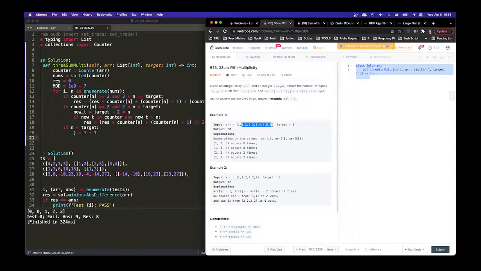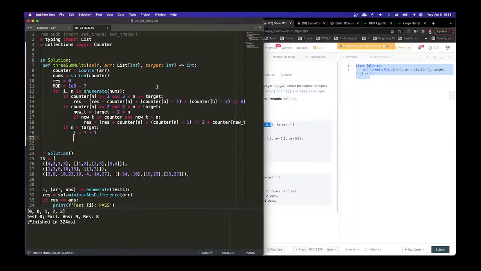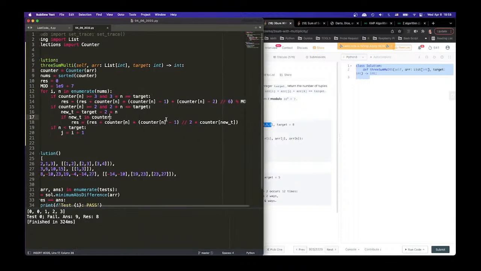It's just singular values. So we handle all the doubles in here, which means 2 times this is smaller or equal to, and then new target is this. And if new target is in counter, then we don't have this, and we simply do it.